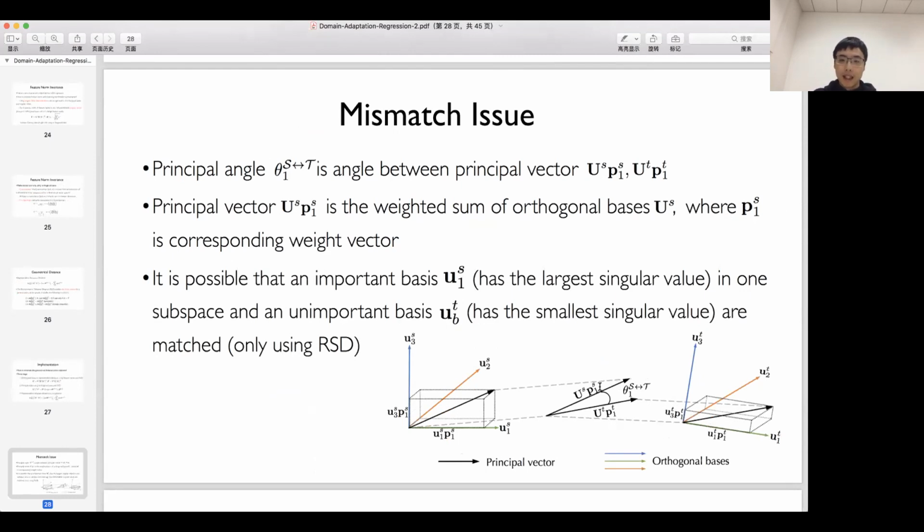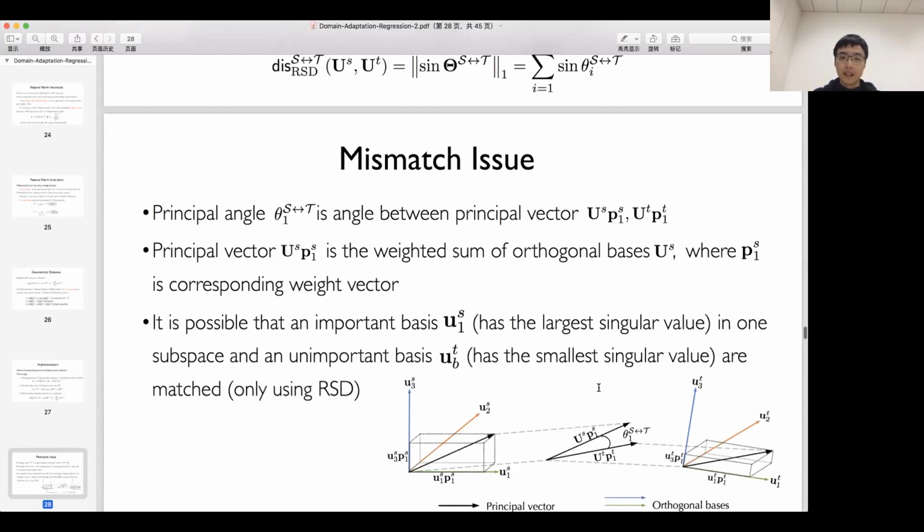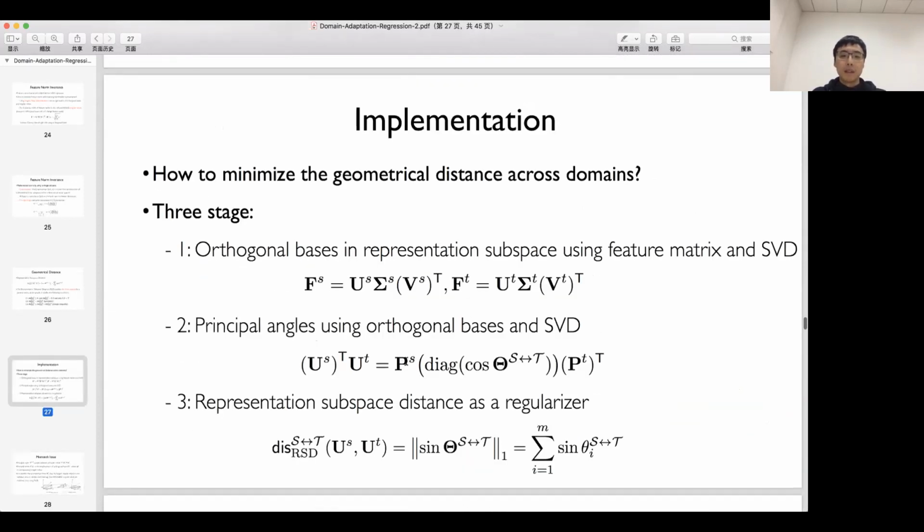It is the weighted sum of the orthogonal bases US, and we can have a corresponding weight vector P. In this equation, we can use this term on the left, P_S U_S, and this term on the right, U_T^T P_T. So it means the principal angles are calculated by the weighted sum of orthogonal bases.